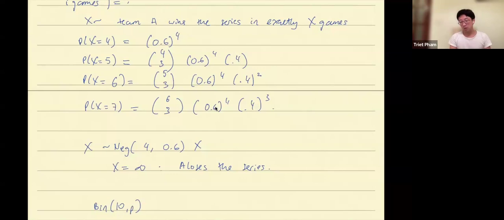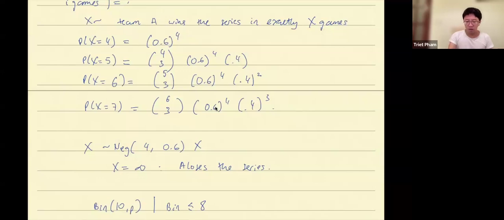Well, that means conditioning. You can condition on this random variable being, let's say, less than or equal to 8. But that's not what we're discussing here. We're not saying that we know how many games A needs to play to win the series.